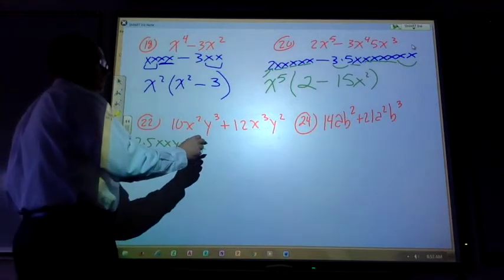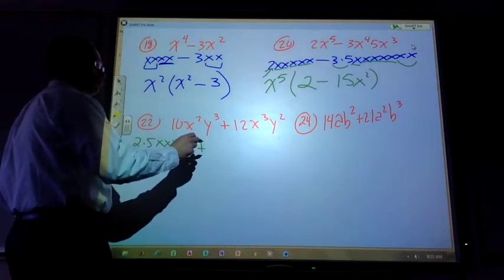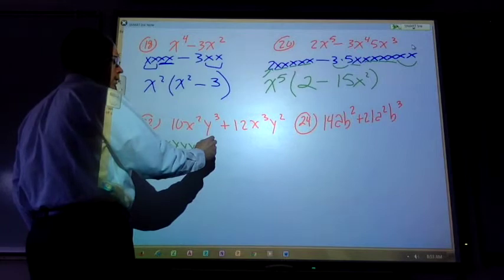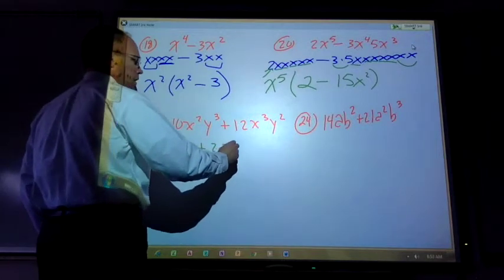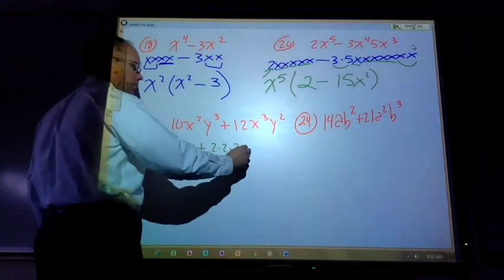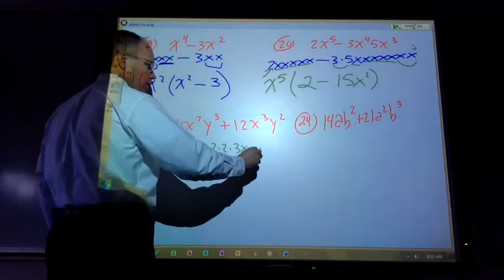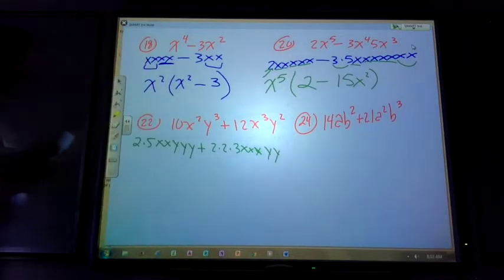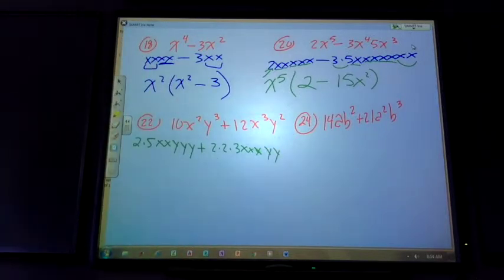Almost. It's 3 times 4. What does 4 break down to? 2 times 2 times 3. There you go. And then x to the 3rd breaks down to? X, x, x. Y to the 2nd breaks down to? Y, y. Sweet. Good job.